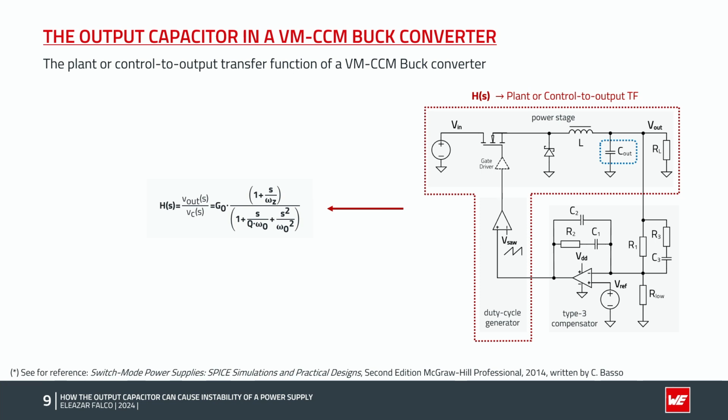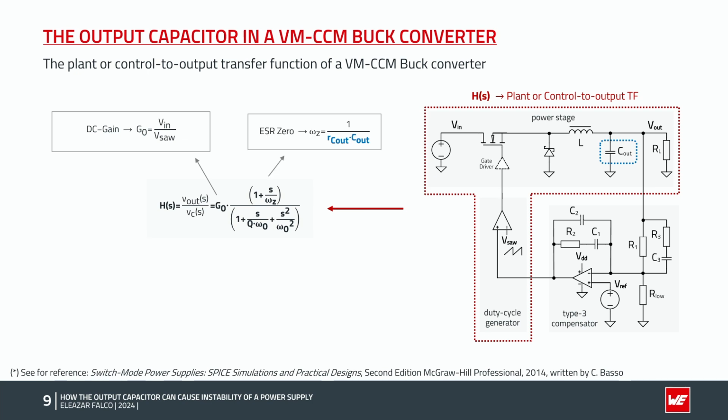We can observe three different factors in this expression. First, a constant term, independent of frequency, called the low frequency or DC gain, which just depends on the input voltage and the amplitude of the sawtooth waveform used in the voltage mode duty cycle generator. Then we have the so-called ESR zero, which solely depends on the output capacitor main parameters, its ESR and capacitance values.